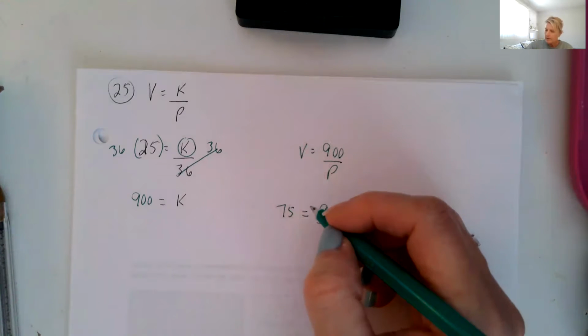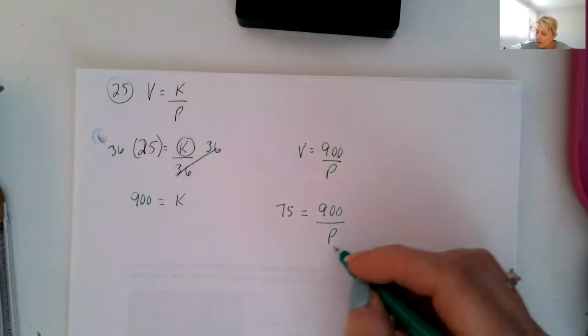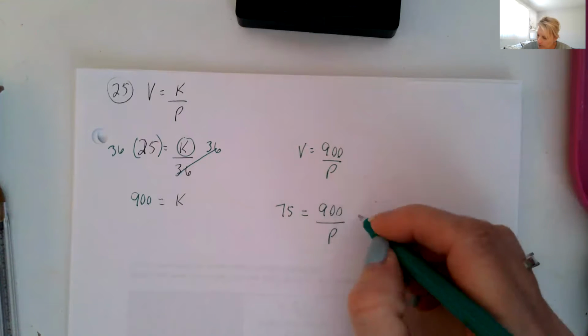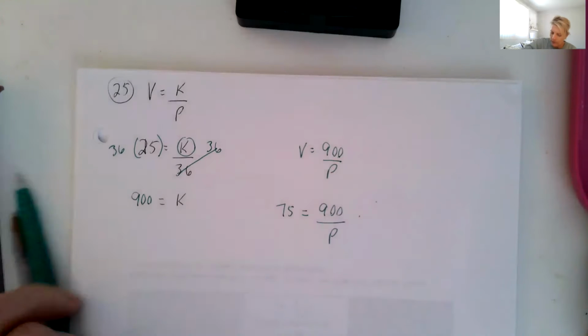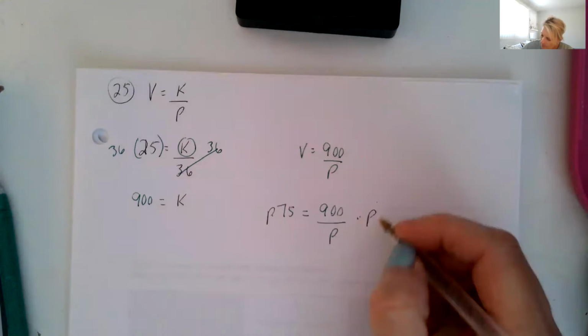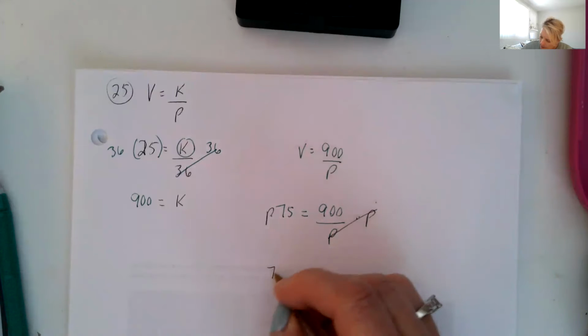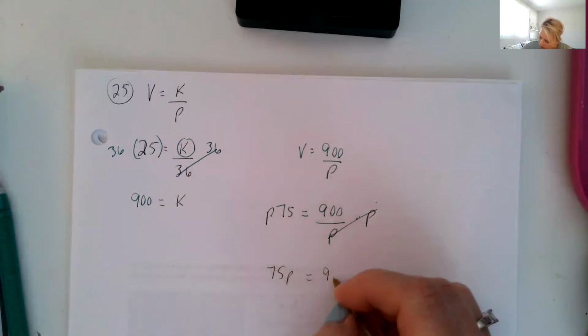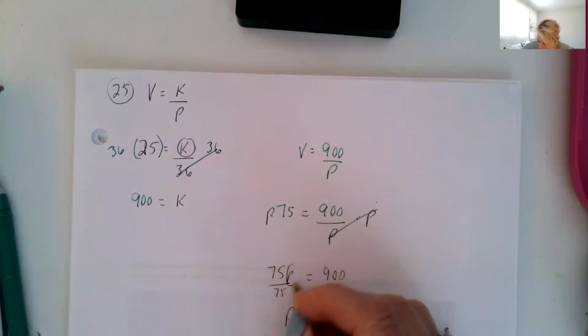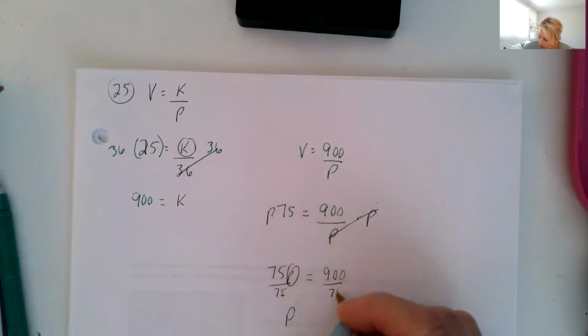Okay, this is a good one. To solve for pressure, we need to get pressure in the numerator. So we're going to have to multiply both sides by P for the pressure. So I get 75P equals 900. Then to solve for pressure, we divide by 75.